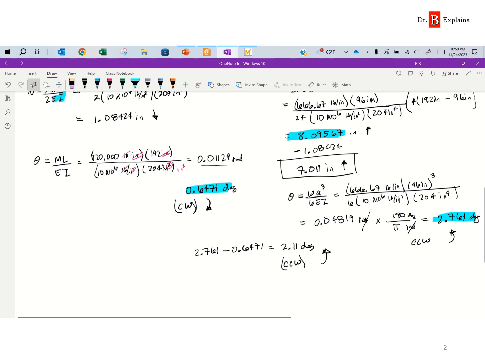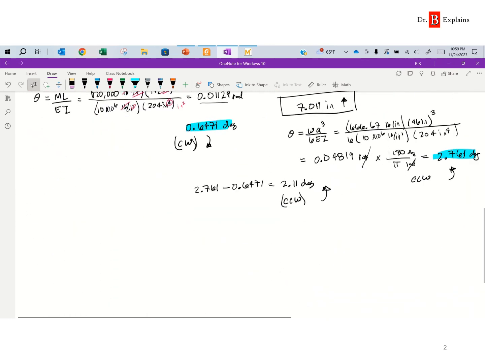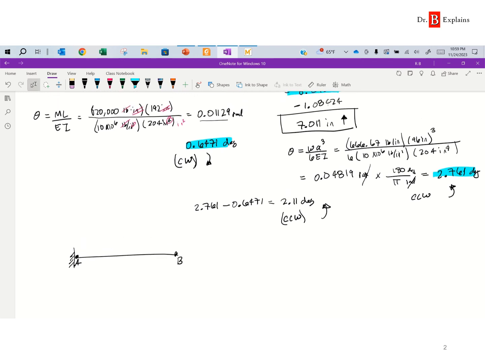So if we draw a quick sketch, from what we have here, if I have the beam, here is point A, here's the end, it's point B. We see that the deflection was upward, 7.011 inches.